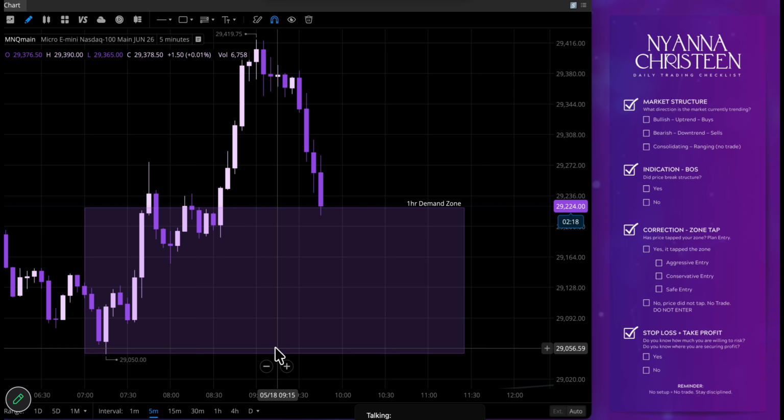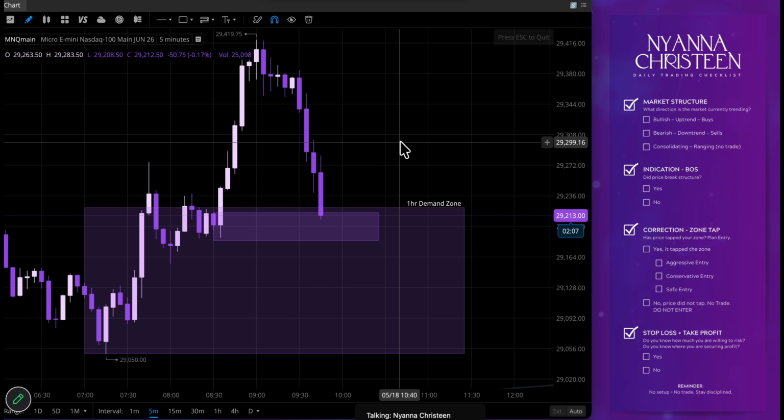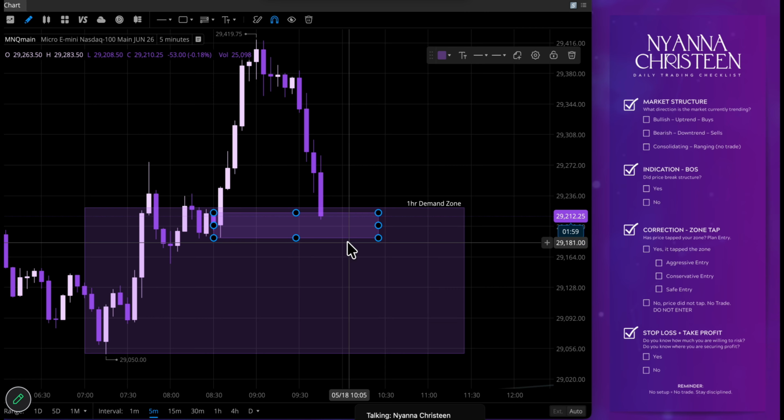But they are in. Let's see if it invalidates this 5-minute zone, or does it respect it? Because it could just respect this one and not even have to come deep within the zone. But let's see.